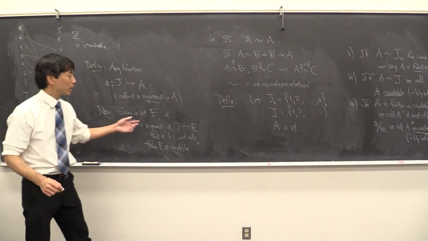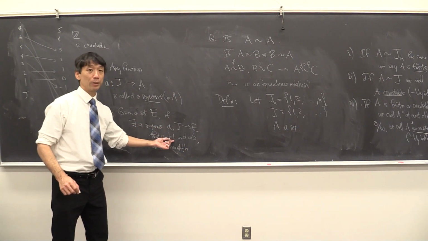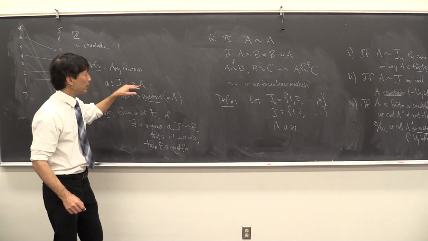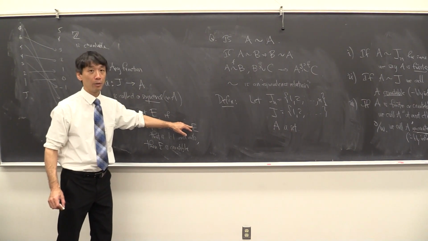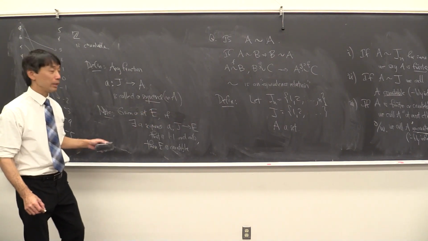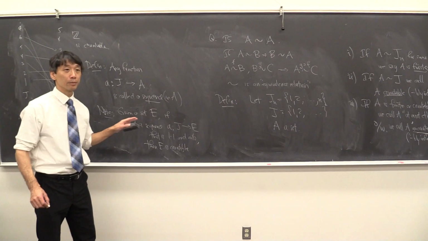Right? Because then you've got your 1 to 1 correspondence. As long as I can make a sequence that hits every single element here once, then that thing is countable.